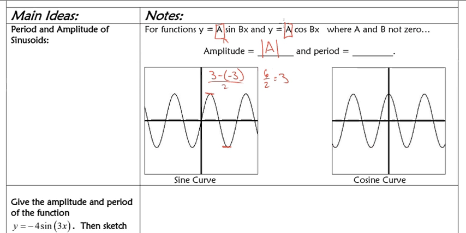The b value, on the other hand, affects the period. And since b is multiplied by x, the angle, before it's put through the sine or cosine function, it affects how frequently the cycle repeats, which again is called the period.